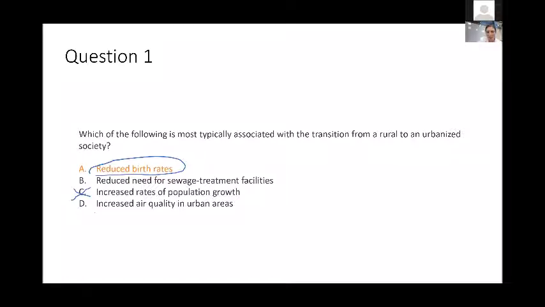But it would also be true that once you increase population density in these areas, these problems would actually get worse. You probably are going to see a decrease in air quality, and there will be more need for dealing with human waste through sewage treatment because you have a high density of humans living together.